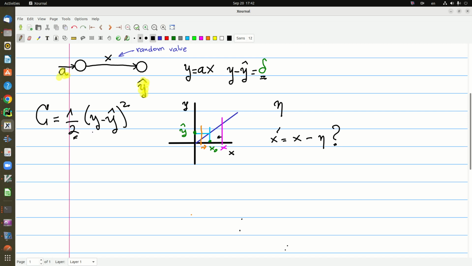What we need to find is the relation between the cost and the y, the cost and the x.